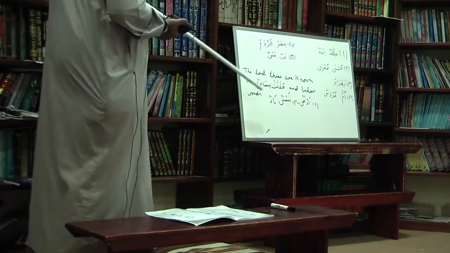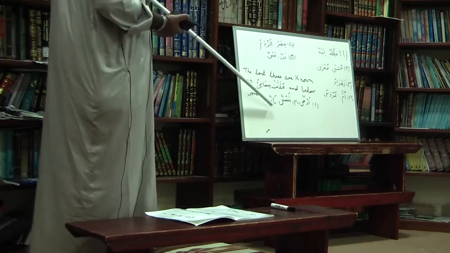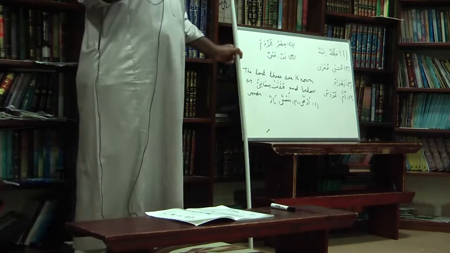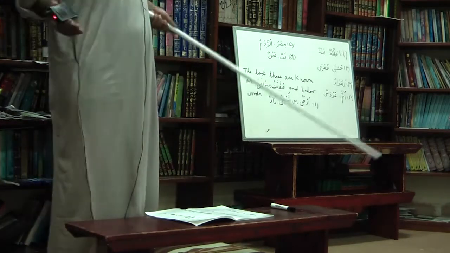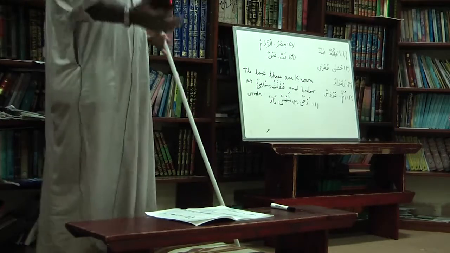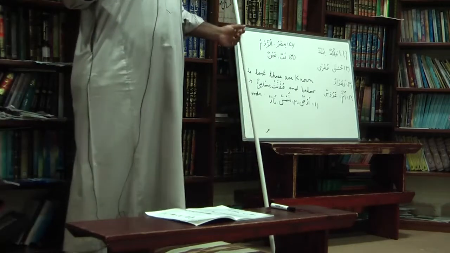And below, these are a couple of examples of words that don't fit into any of these categories, yet are still used as feminine. Like ardun, earth. The earth that we live in is called ardun, or the earth that we pick up from the ground. Shamsun means sun.